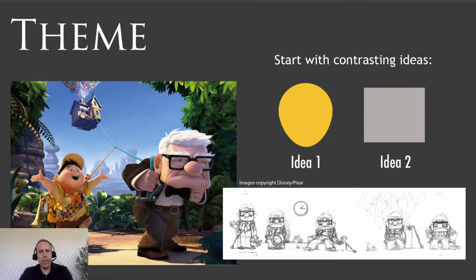So how do you build theme? First of all, you're going to start with contrasting ideas. In Up, you have idea one, and by the way, I'm labeling these idea one and idea two. This isn't anything official. This is just the way that I want you to think about theme, and I've found that you can boil theme down to its most simple form and then leverage the power of it most easily. So idea one, in this case, is the balloon, which is used all throughout Up, and idea two is the ballast, or the weight underneath the balloon.